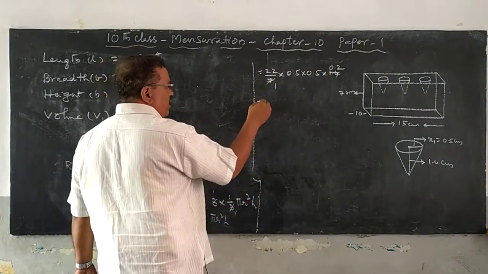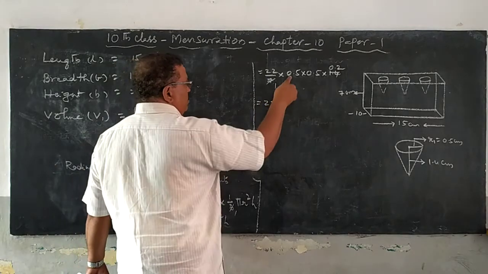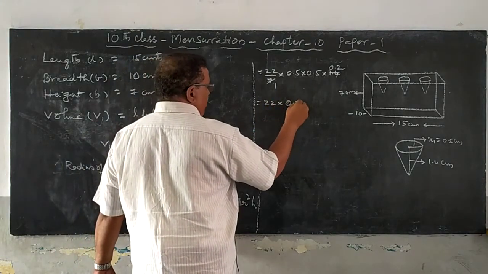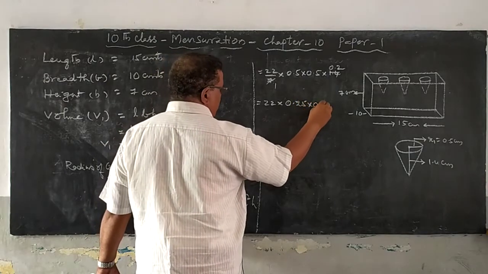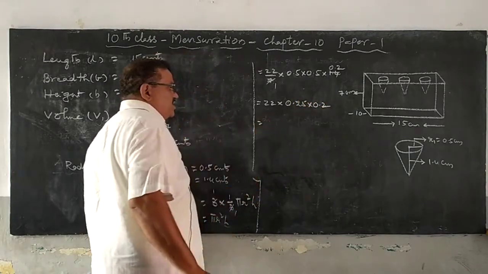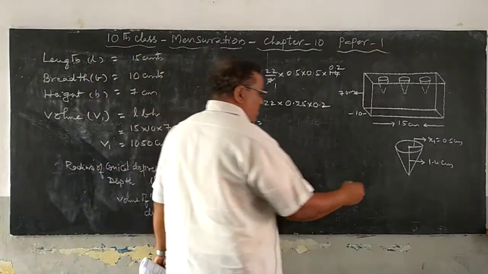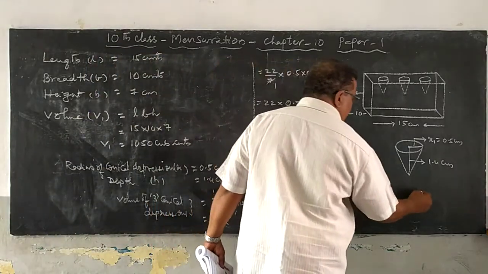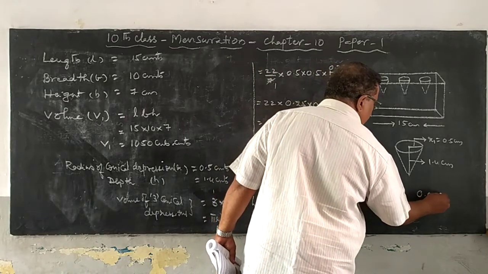Now multiply all the values: 22 into 0.25 into 0.2. 0.25 into 0.2 is 0.05.